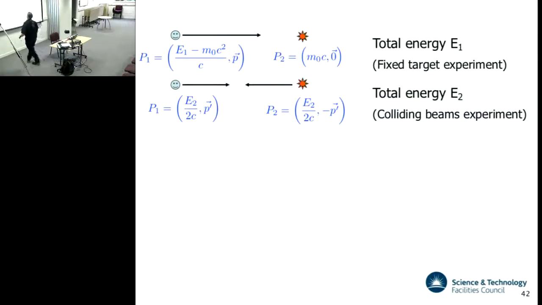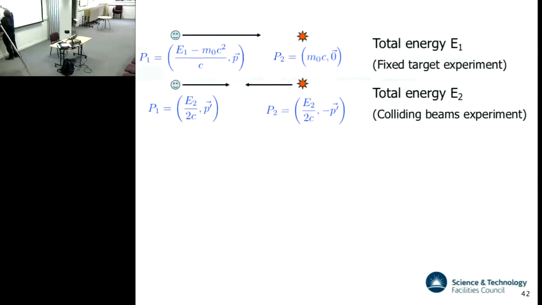Well, in E1, the total energy, one of the particles is at rest. That's just going to have its rest mass. It's going to have zero momentum, so that's what the vector is. In frame one, there's P1. The total energy is E1, so that's the total relativistic energy.